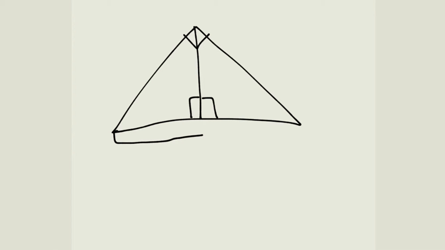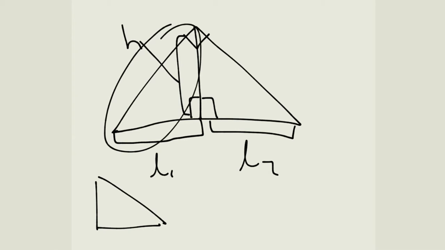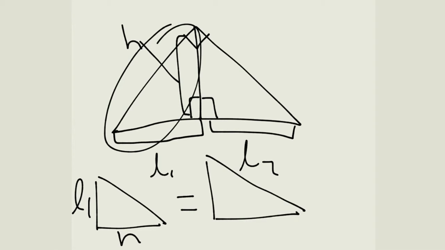Okay, so we have length 1 and length 2, as well as height. We know that if we cut this off and turn it around, we're going to end up with this, which should be similar to this.